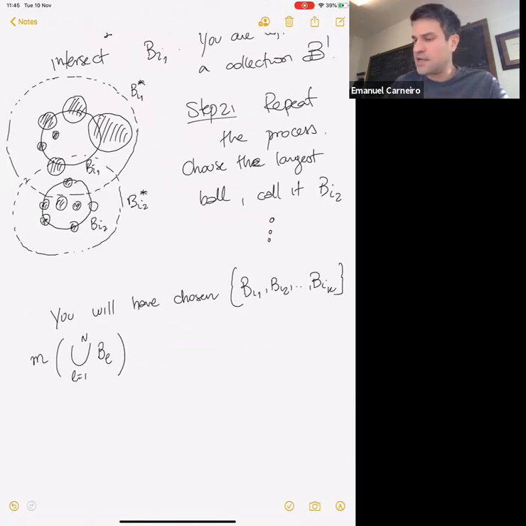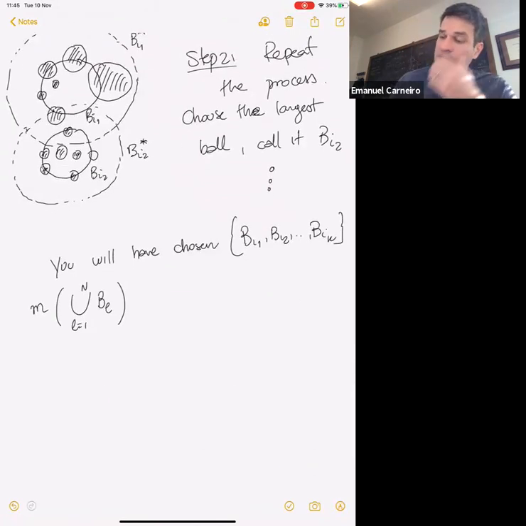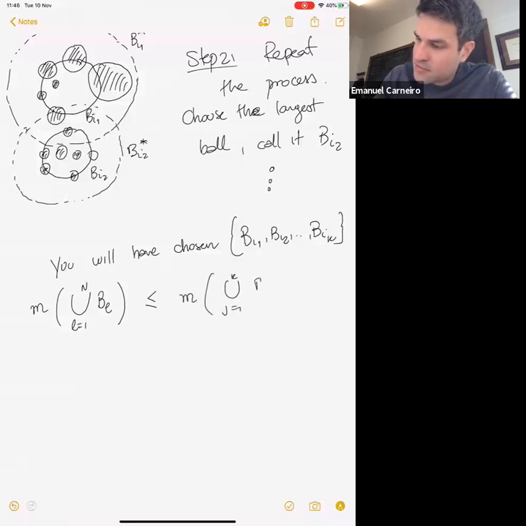Now, take a look at the following chain of computations. The measure of the union of all the balls is less than or equal to the measure of the union, now J from 1 to K, of the BIJ star.